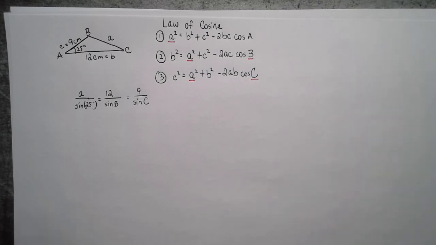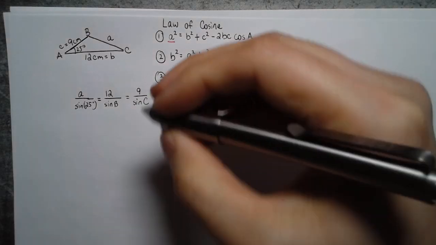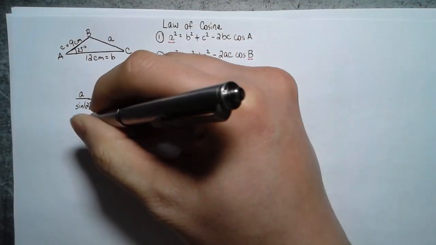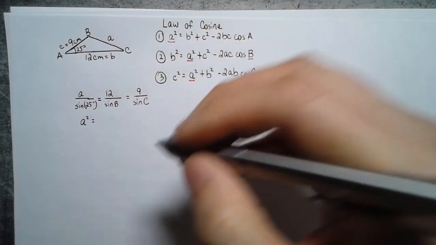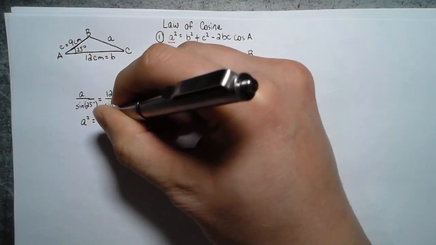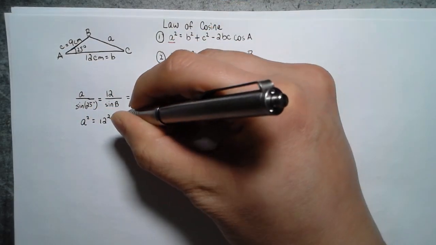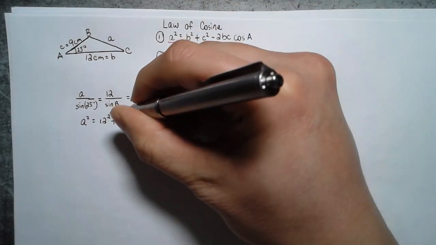There's only one possibility, and right now we have to solve for side A, and that's what we're going to do. So side A squared equals, we're going to plug in B, which is 12. We're going to plug in C, which is 9.